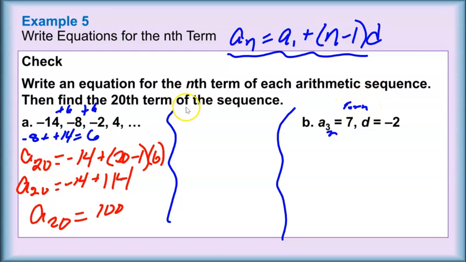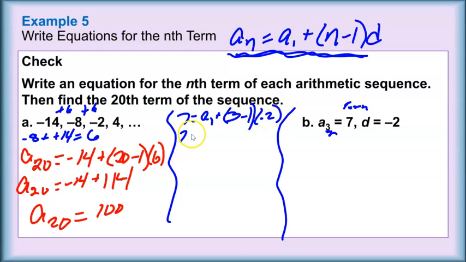So I'm going to use this top formula right here. a subscript 3 is 7. So if I'm using the third term, I need the first term plus our n, which we have already identified as 3, minus 1 times the common difference of negative 2.